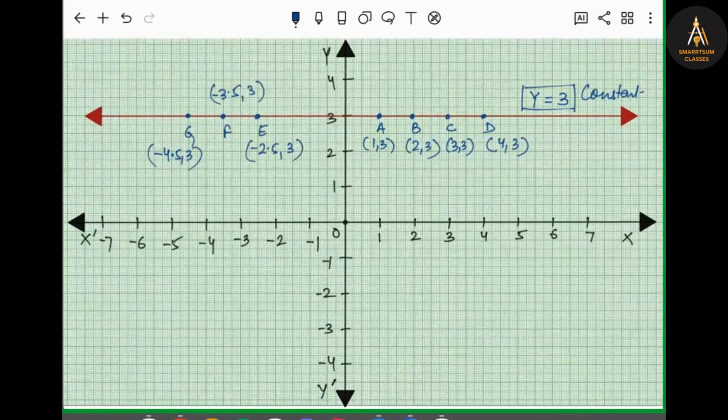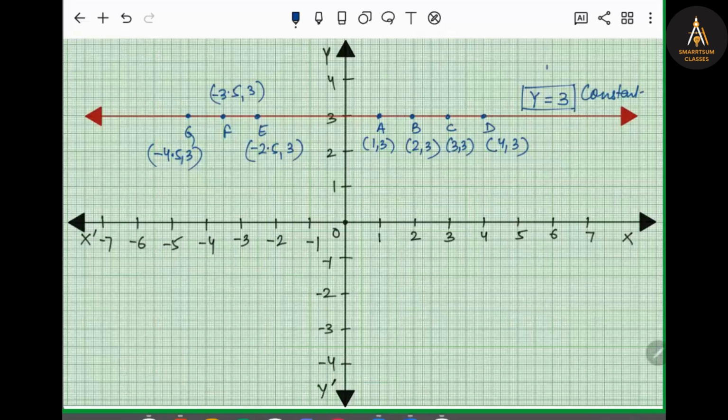Anvi, are you getting that? So if you have a constant value for a coordinate, if y is a constant value, and you plot the points for such coordinates, you will find that the line is parallel to x-axis.